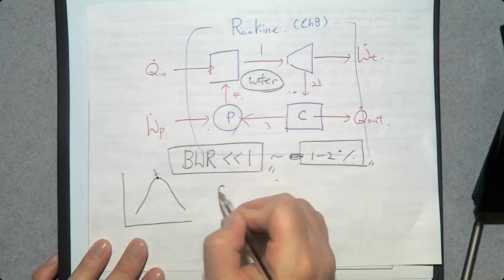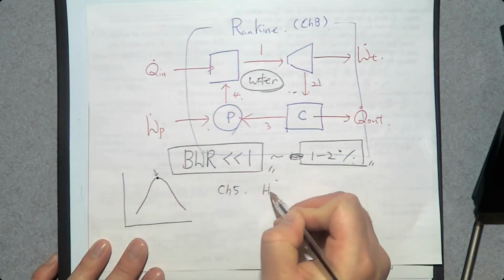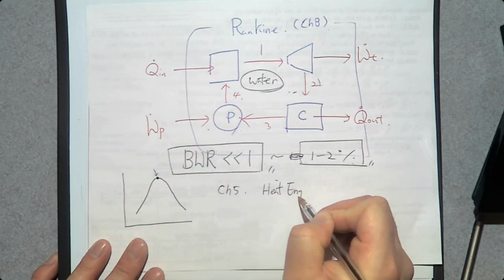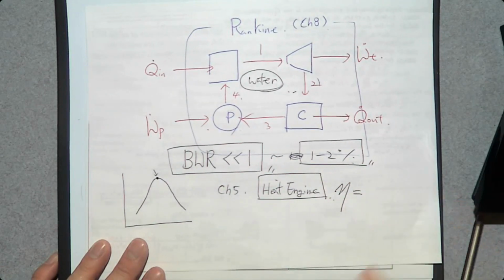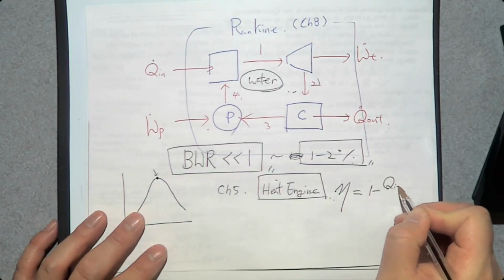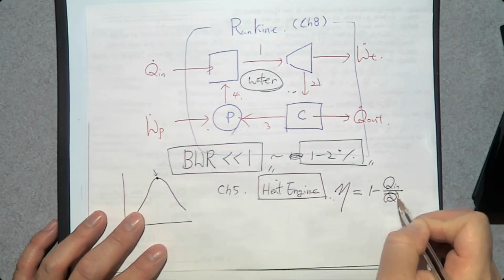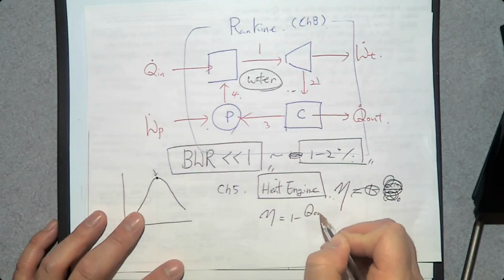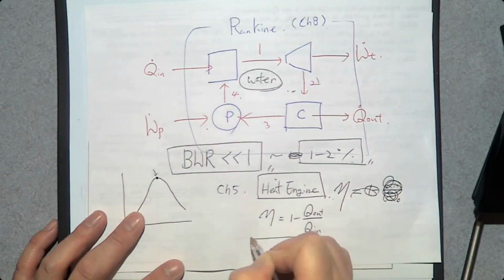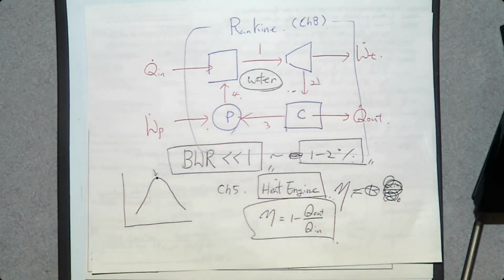If you remember chapter 5, heat engine, how do we determine the efficiency? The efficiency can be determined by 1 minus Q out over Q in. Then do you remember the Carnot efficiency, the maximum thermodynamic efficiency from a heat engine? How do you calculate that?